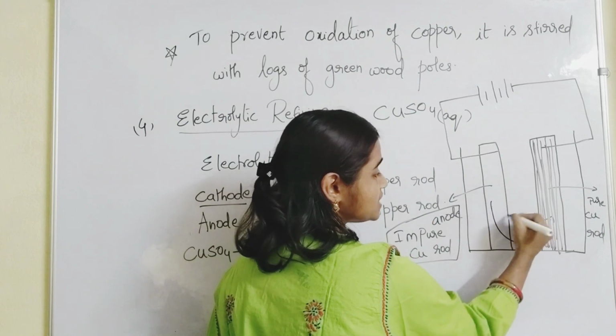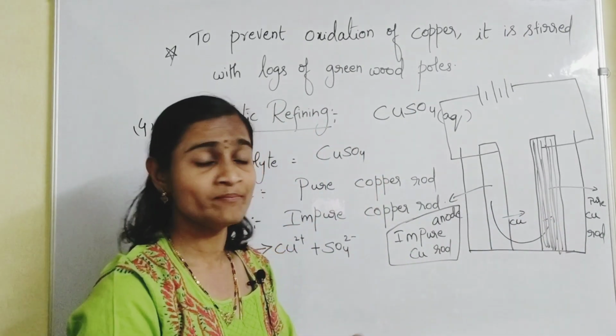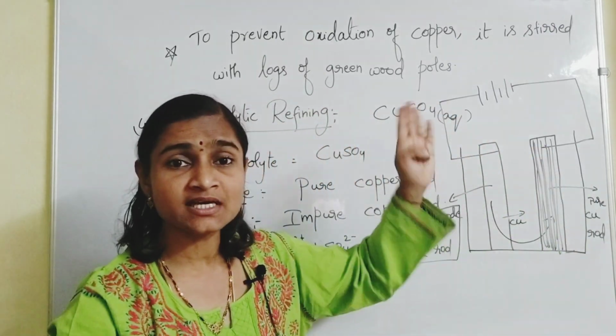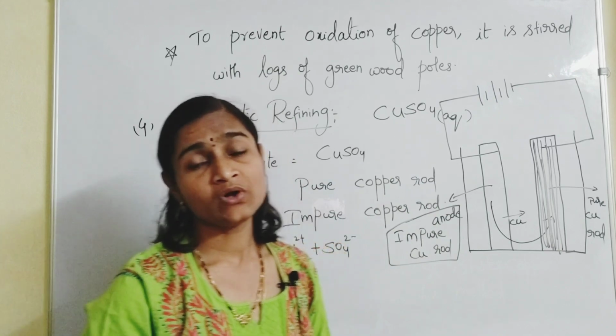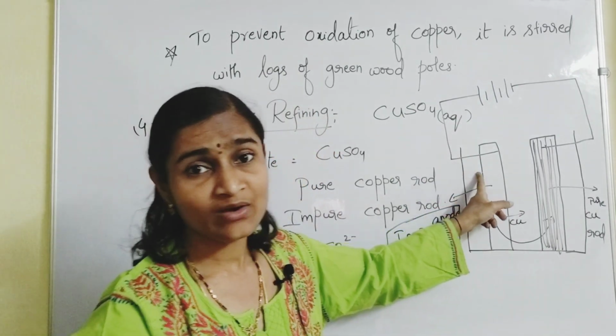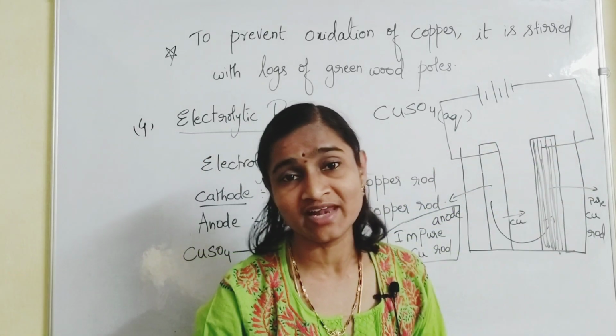Copper starts melting from the anode, migrates towards the cathode, and deposits on it. Here oxidation happens at the anode; at the cathode reduction happens.